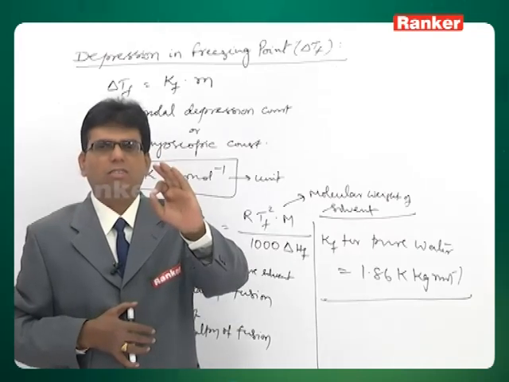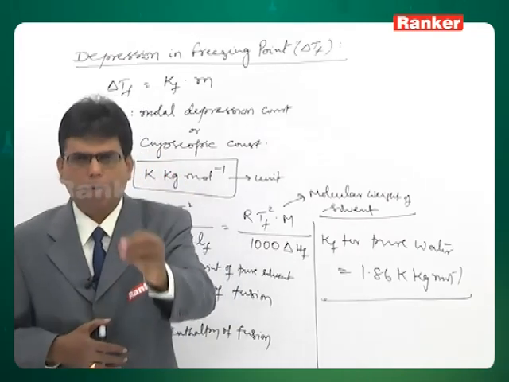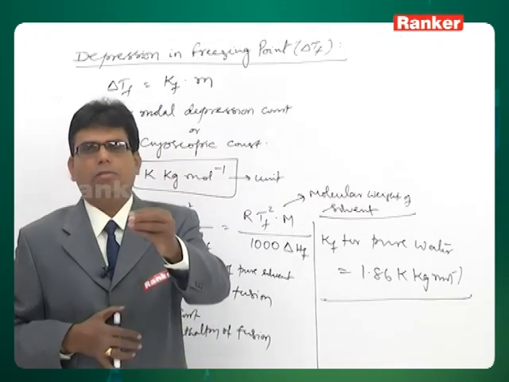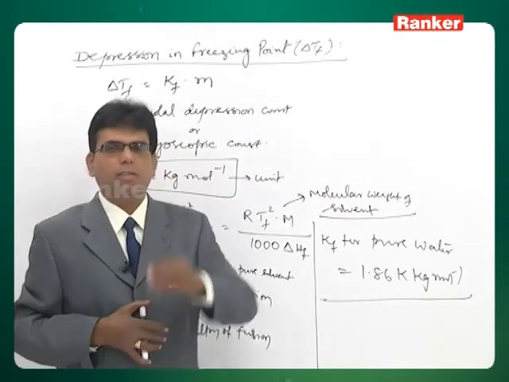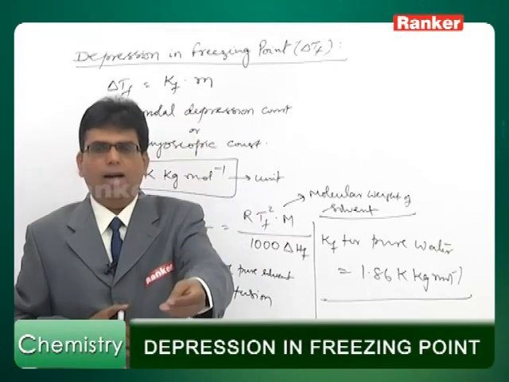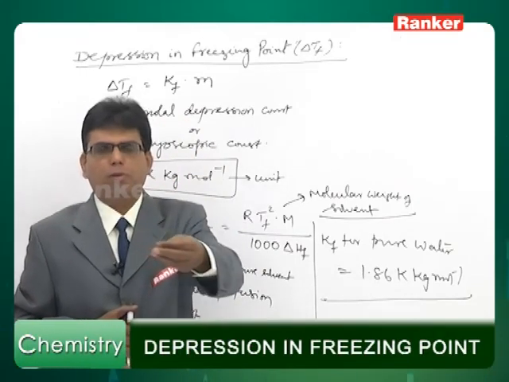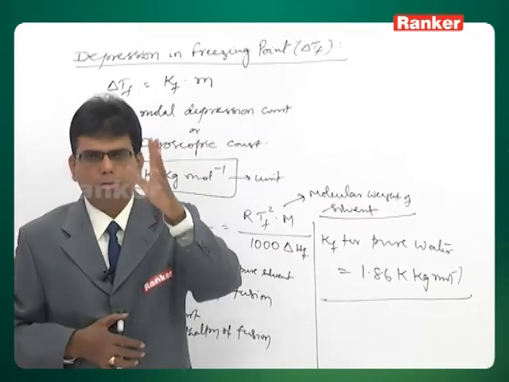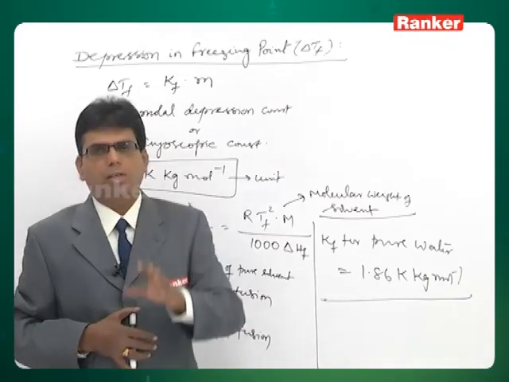This is a very direct and simple application of depression in freezing point whenever a non-volatile solute is added. So there, loads of salt will be brought and bags will be given to the public and they are asked to just put it on the snow.